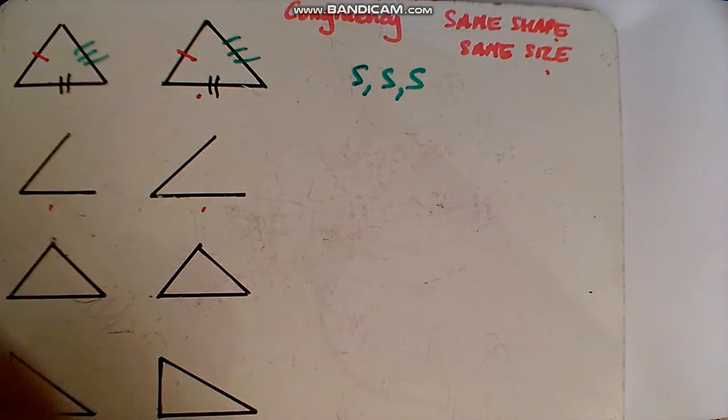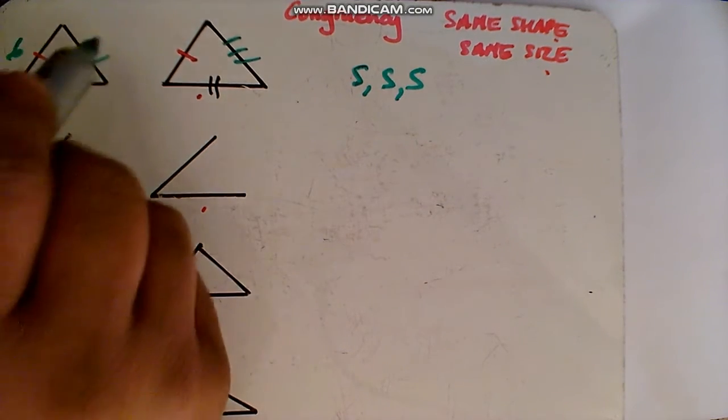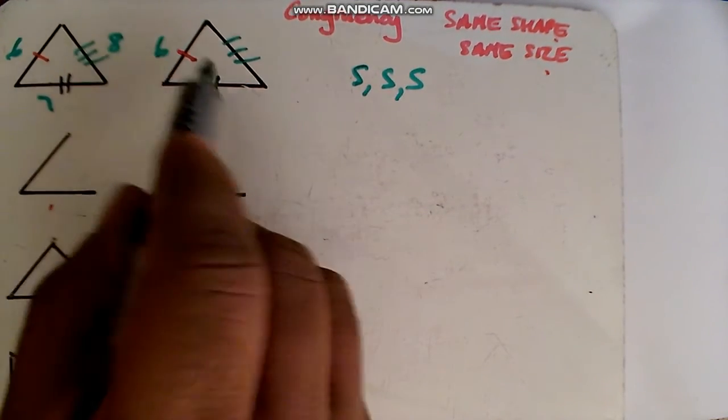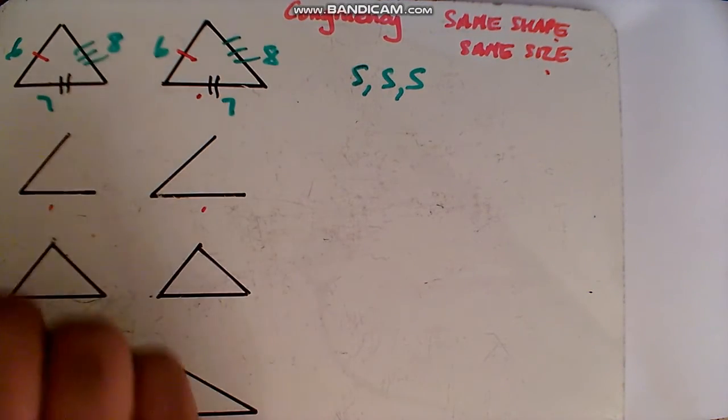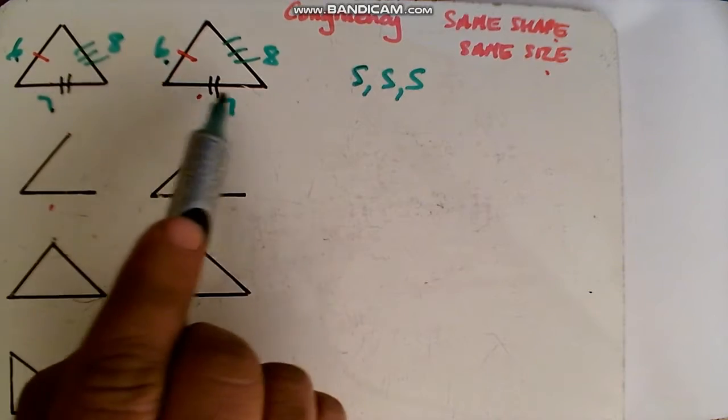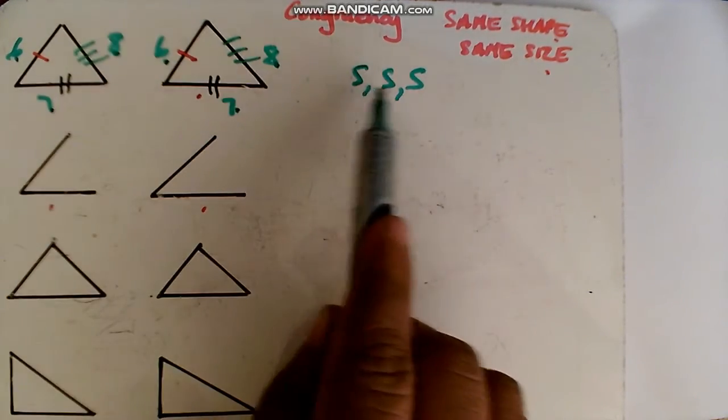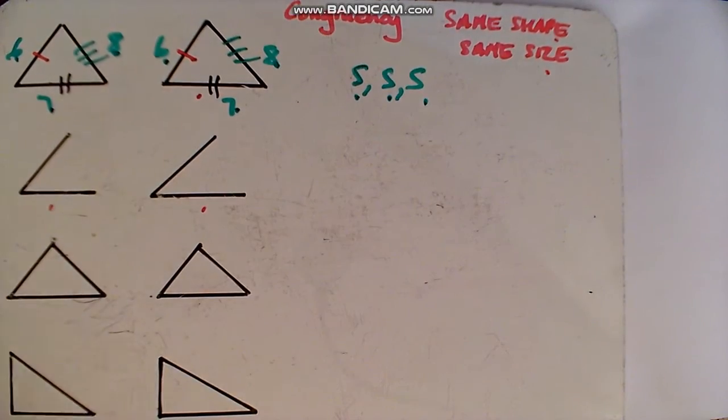They could give you values. They could say, for example, 6, 7, and 8, and this one is 6, 7, and 8. And so they'll be congruent because 6, 6, 7, 7, 8, 8, side, side, side will be the reason. So those two shapes fit exactly on top of each other.